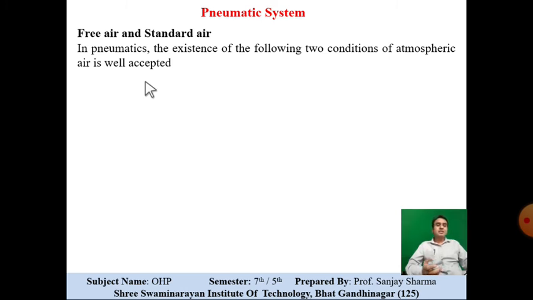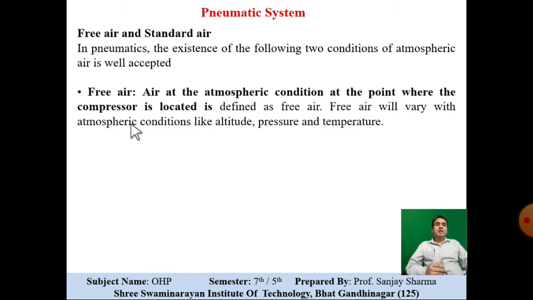You will be surprised, sir, that normally in the atmosphere we see only one kind of air, but after going through this PPT, you will be very clear about what is free air and what is standard air. Free air, at the atmospheric condition at the point where the compressor is located, is defined as free air. Free air will vary with atmospheric conditions like altitude, pressure and temperature.